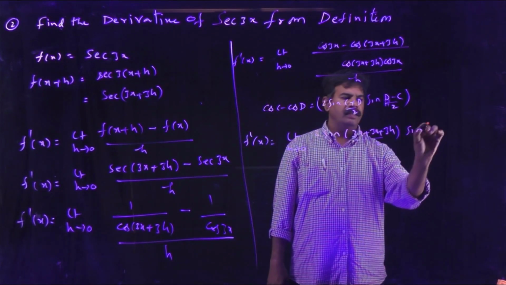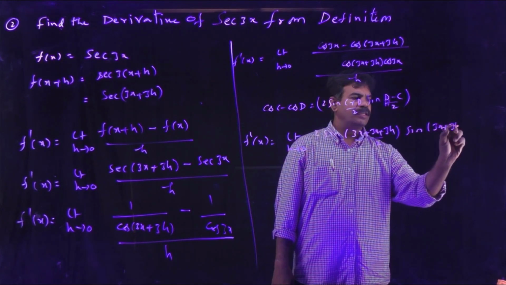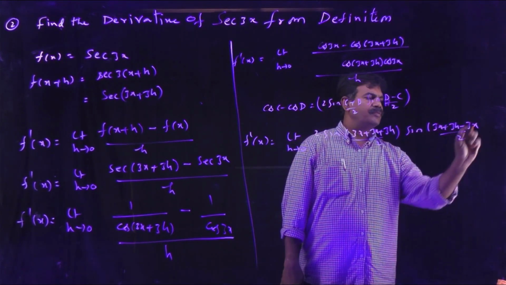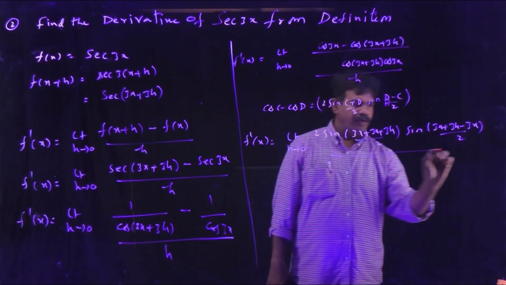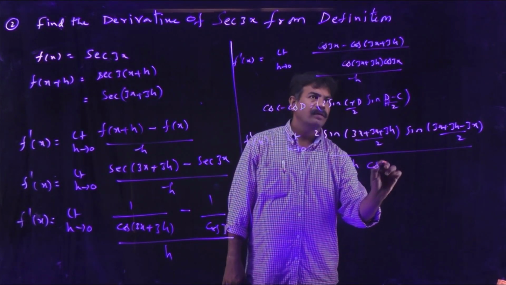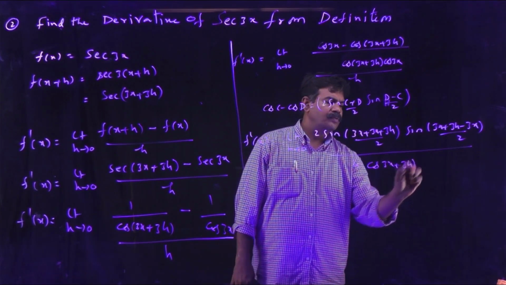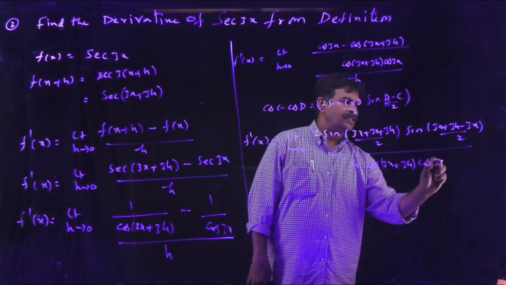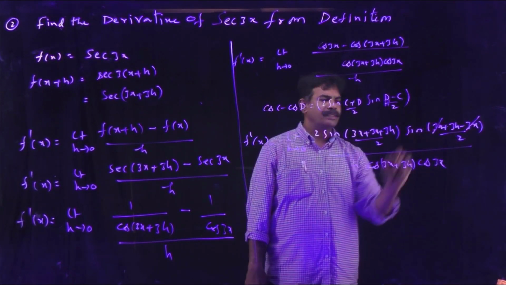into sin of 3x plus 3h minus 3x by 2 by h into cos 3x plus 3h into cos 3x. Here 3x cancel.